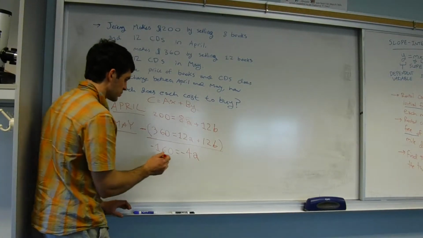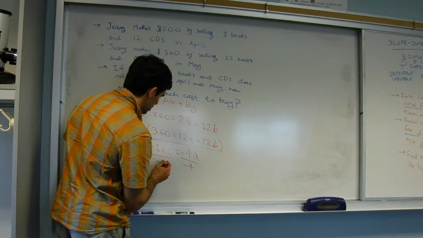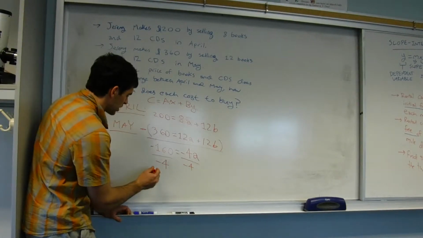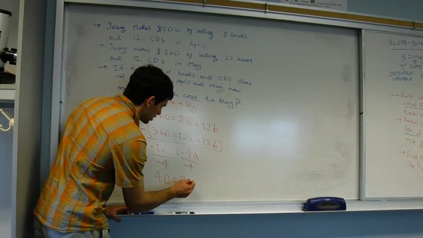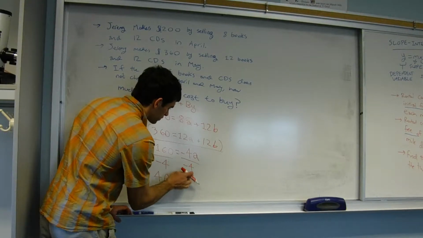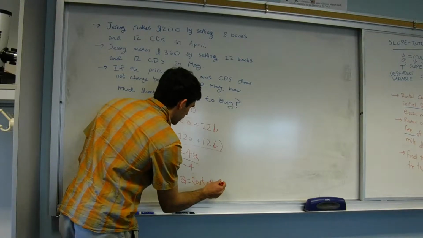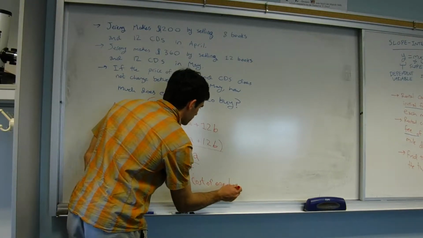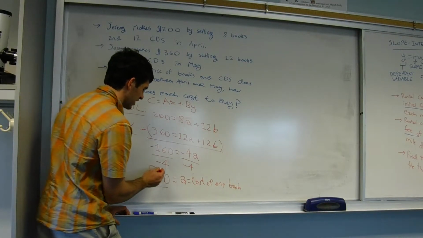So this equation is pretty simple to solve. We just divide each side by negative 4, and then we get 40 is equal to A, which is equal to the cost of one book. It's a pretty expensive book. I hope it's pretty good to read.